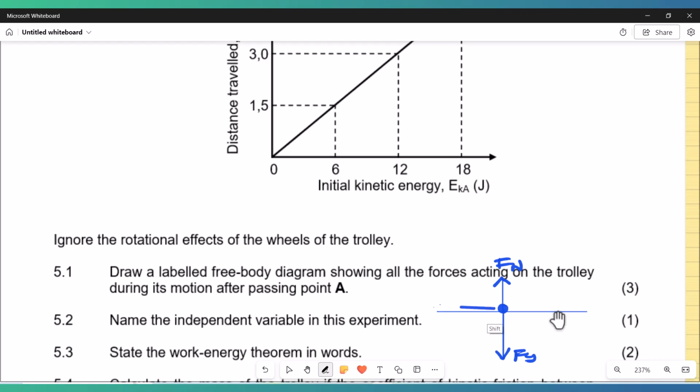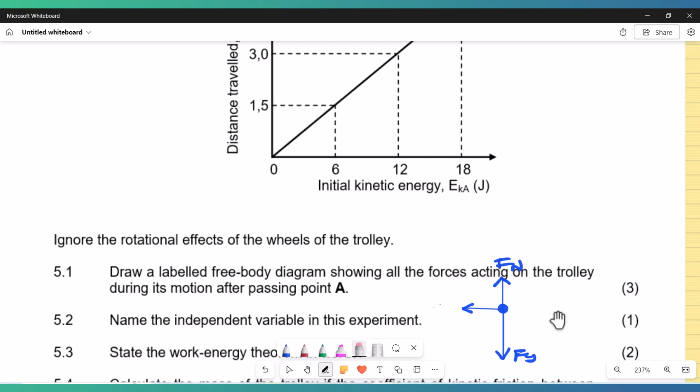Because it is past point A, we don't have any applied force anymore. So if I remove my surface now, I'm left with my free body. In this case, this is our frictional force, which is Fk, because the body is moving. This is F normal, this is weight here, which is Fg.